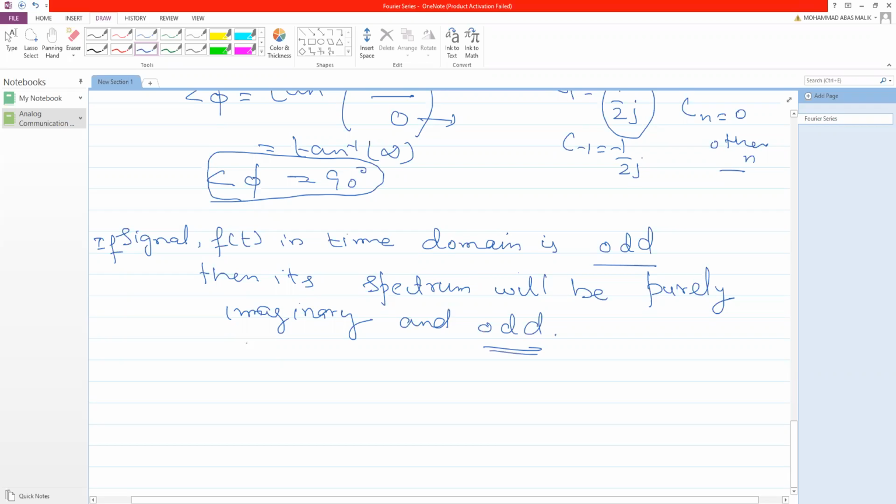That's the conclusion from here. Using these conclusions, you can do many objective type questions in GATE or any competitive examination.